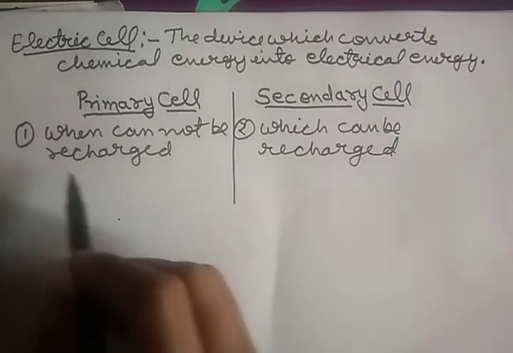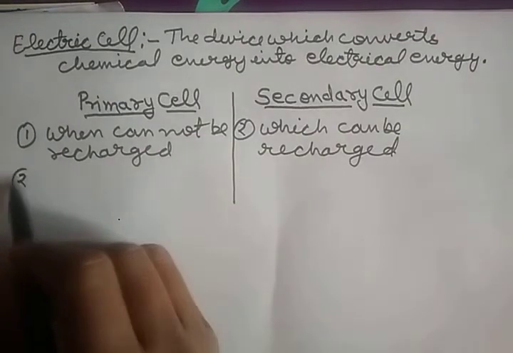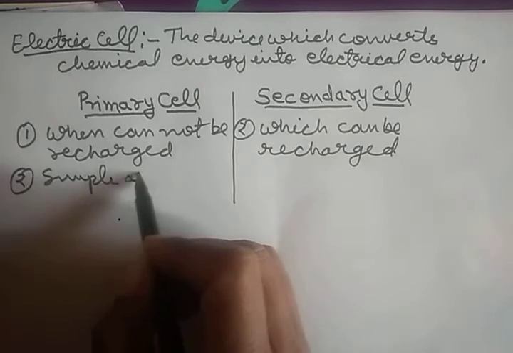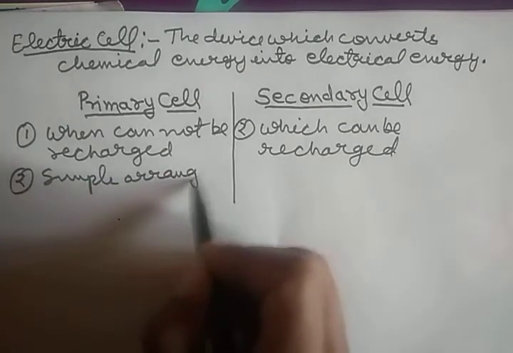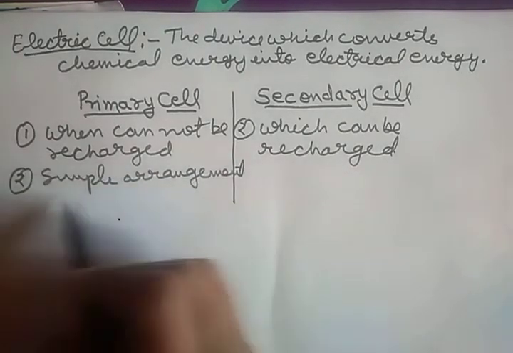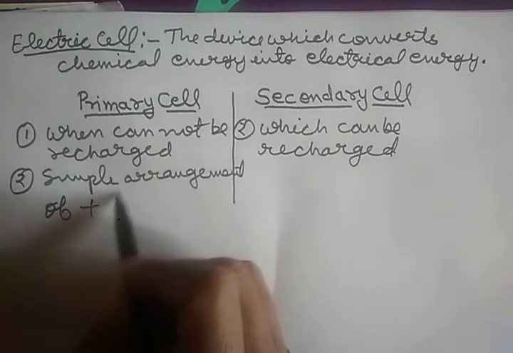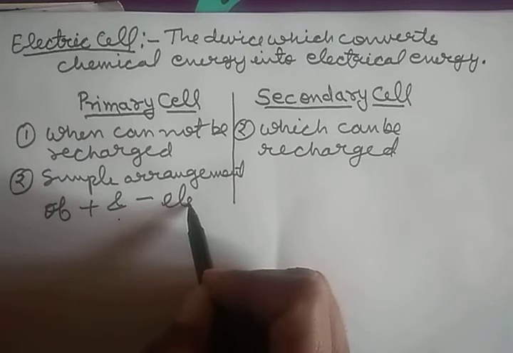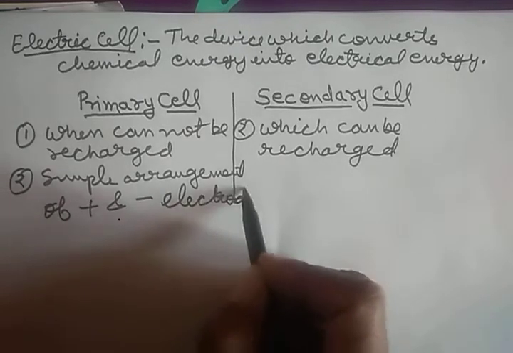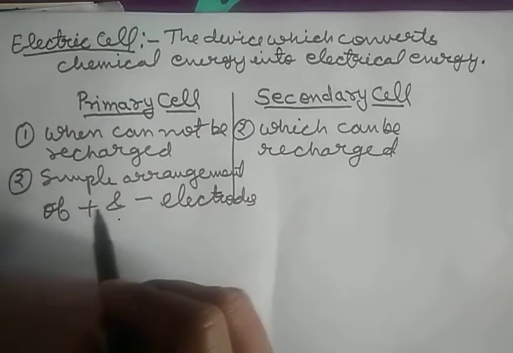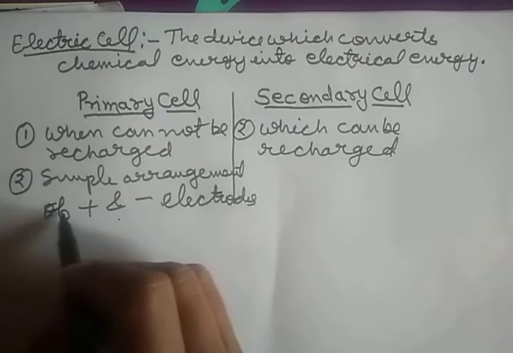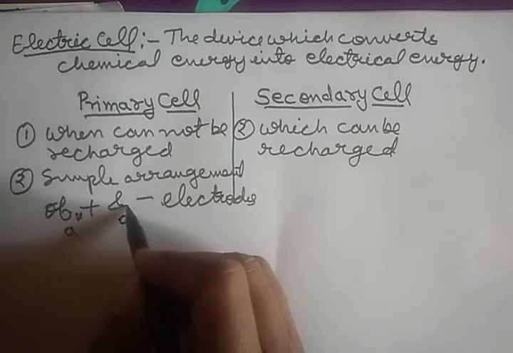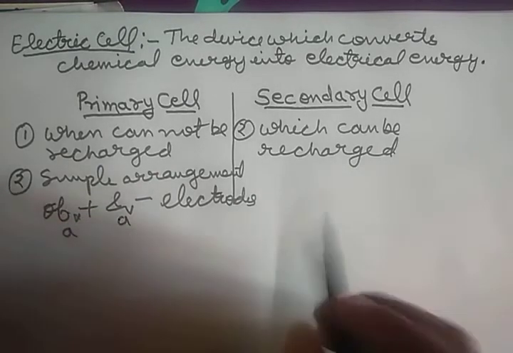In primary cell, there is a simple arrangement of positive and negative electrodes, terminals of a positive and a negative electrodes.